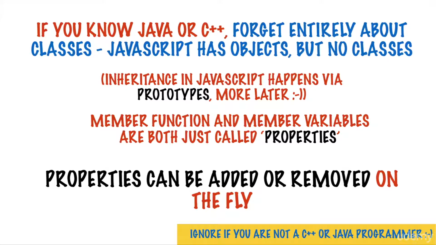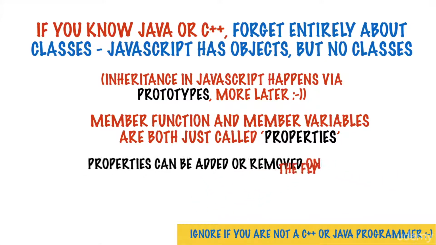Properties of an object can be added or removed on the fly. Once again, this is completely different from Java or C++. At runtime, you can't define new properties or new member variables or new member functions for a particular object in Java or C++. In JavaScript, you can. Properties can be added or removed on the fly.